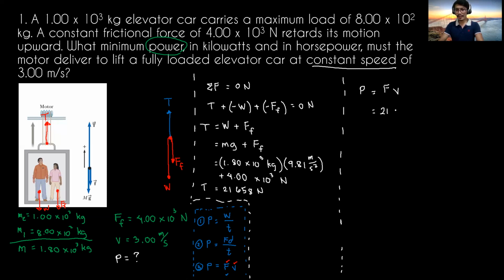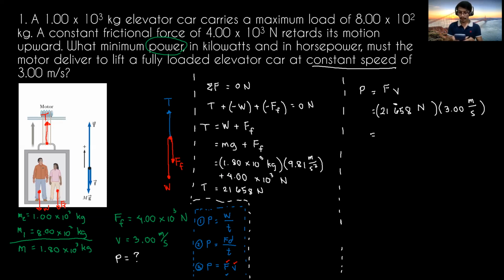So force is 21,658 Newton. Take note, how many significant figures should that be? Three. So take note that it's three up to there. Multiplied by the velocity, which is 3.00 meters per second.